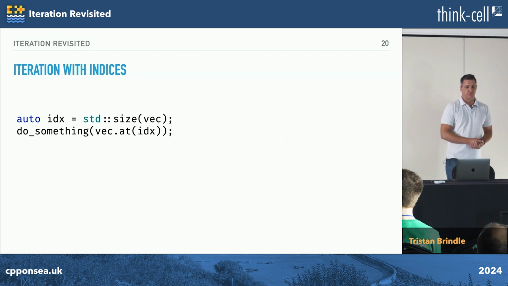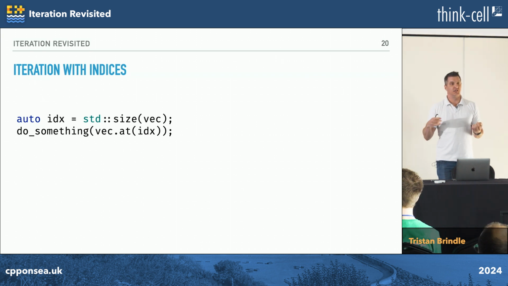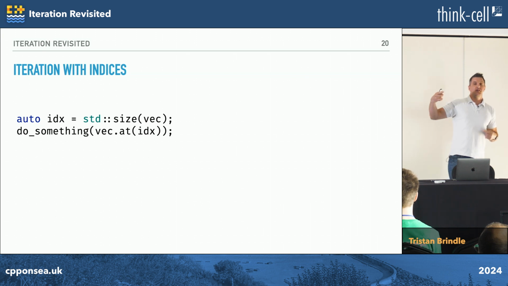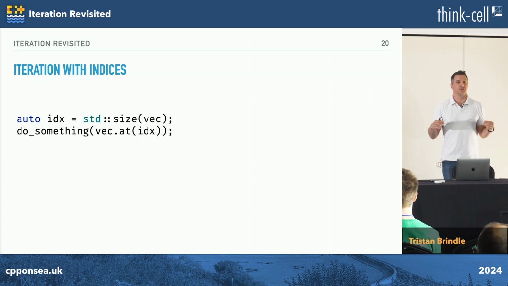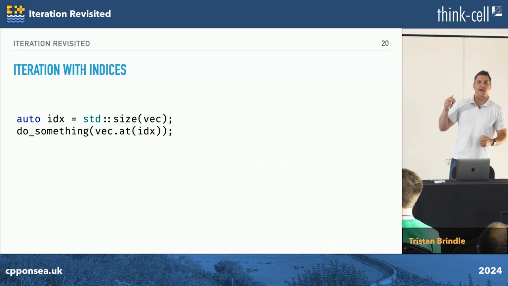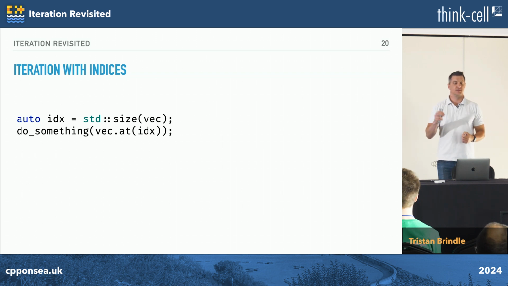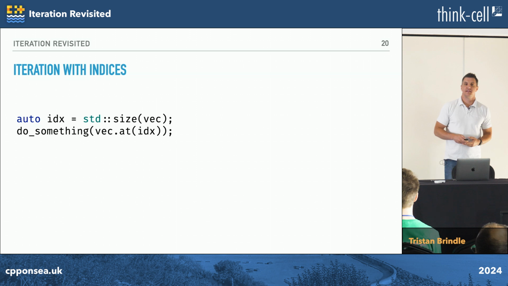So here's the first example. Previously, we were initializing an iterator to the end of the array, and then we were performing our read operation on that past the end iterator. Well, the equivalent is a past the end index. We set our index equal to the size of the vector, the end of the vector. And then we perform our read operation. But we defined our read operation to be vec.at. So what happens in this case?